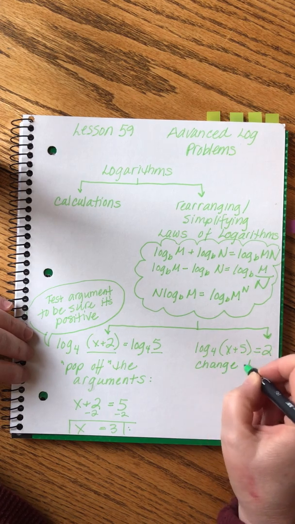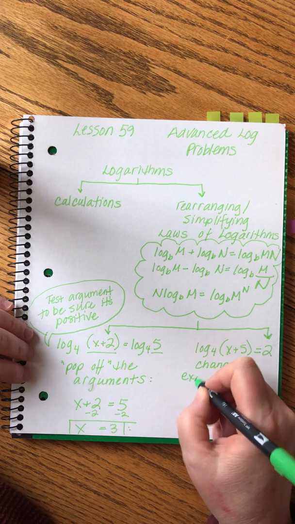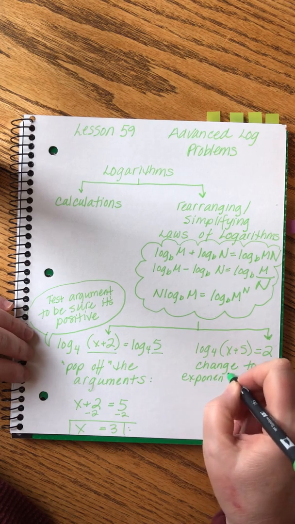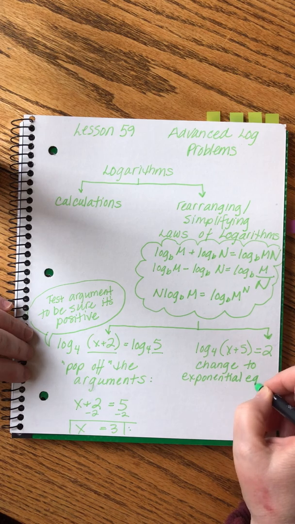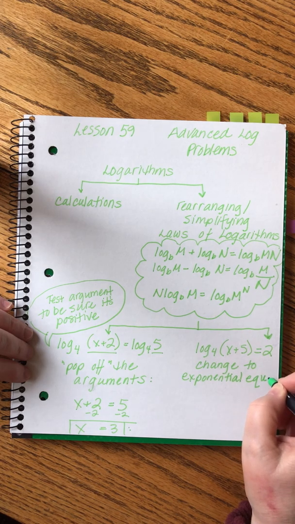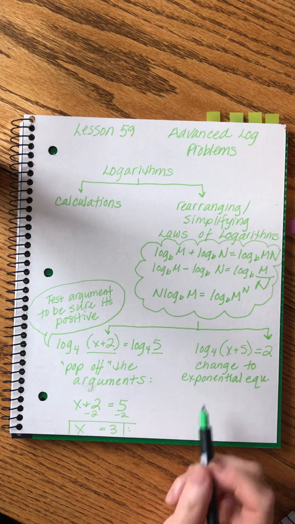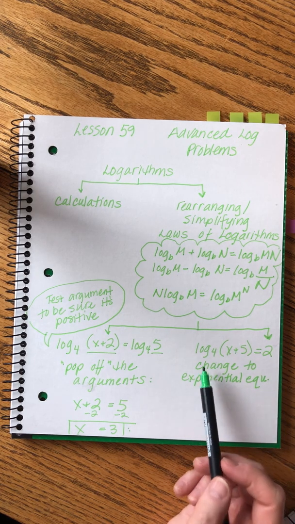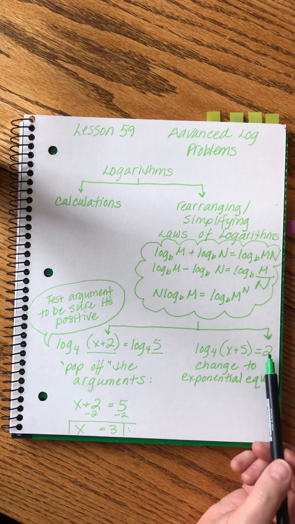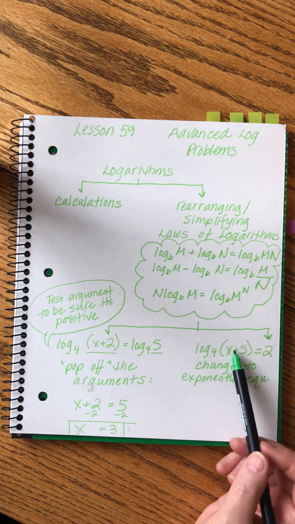Our strategy here is to change to an exponential equation. I'm not going to write that out. You know what I mean. An exponential equation. That's our strategy here. So what we remember is that this is the base, this is the exponent, and this is the number, right? This is what we get.